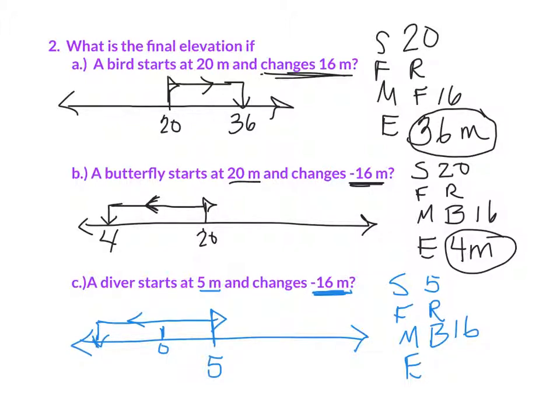So that would indicate my 16 units that I'm moving, 5 of them are right here. So if I've already moved back 5 of the 16, that means I still need to move back 11 more. So that would make the ending place negative 11. So the answer is negative 11 meters. Make sure you don't forget that negative there. It kind of gets lost when I circled everything, but it is in fact negative.